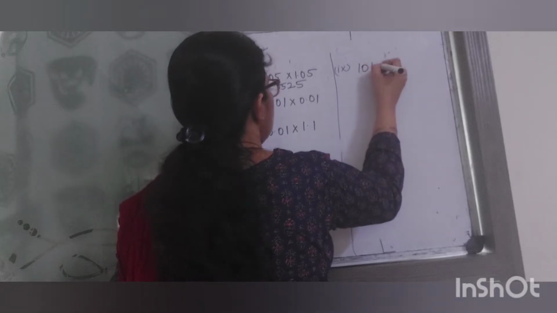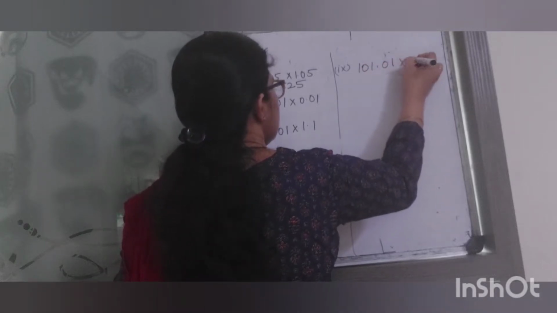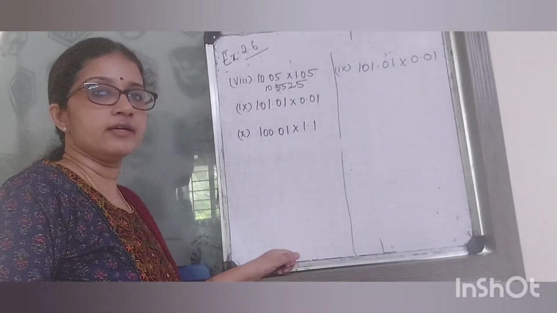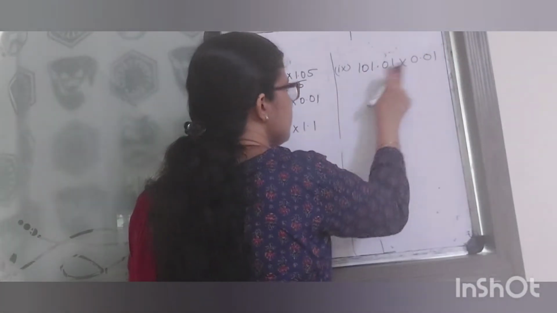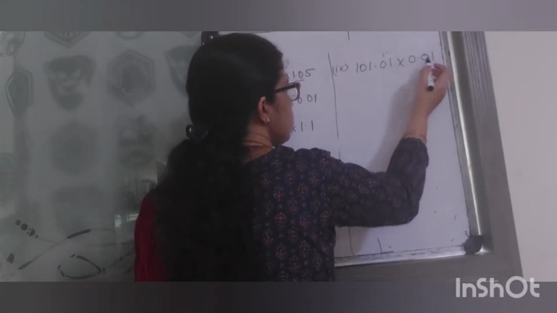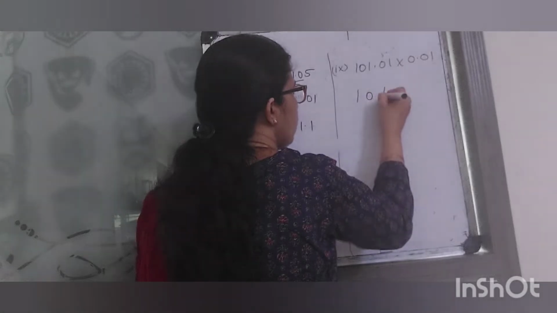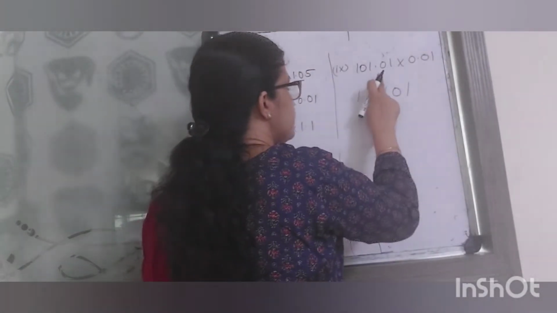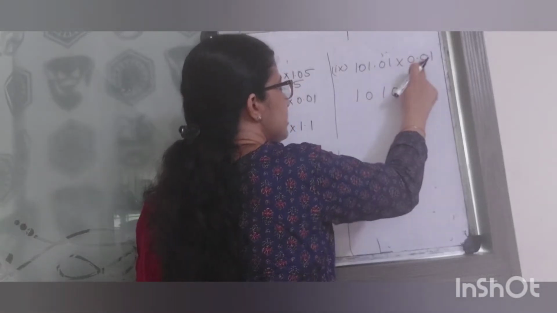101.01 into 0.01. Okay. Here again, if we exclude the decimal points, what is the answer? 10101 into 1, which is 10101. Correct? Now how many digits? Here 2 digits and here 2 digits.